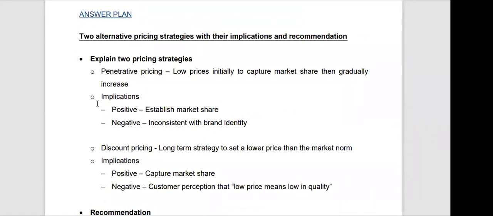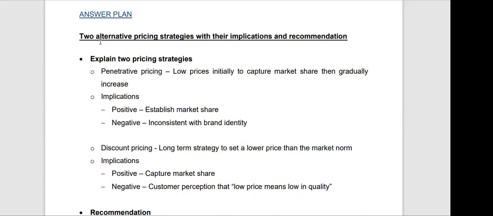Instead, I've provided answers in bullet points. So I said that the answer plan needs to be concise as much as possible because you are in the process of planning the answer or structuring your answer. So keep it simple as much as possible, because after you keep it simple, then you can go on to expand these points when typing your fully fledged answer.